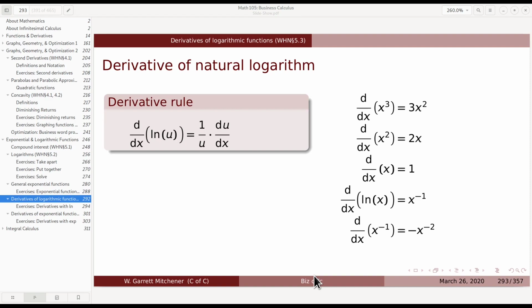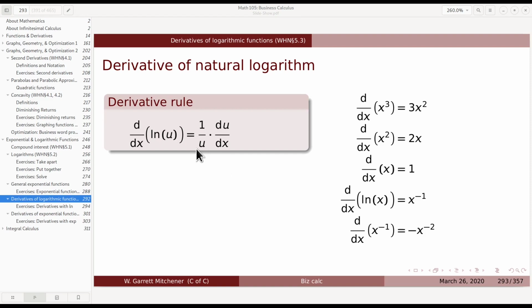Since we almost always are dealing with the logarithm of some more complicated expression, you almost always see the derivative of the logarithm in conjunction with the chain rule. So that's why I've written it this way. The derivative with respect to x of ln of stuff is 1 over the stuff times the derivative of the stuff. A couple of things to watch for.